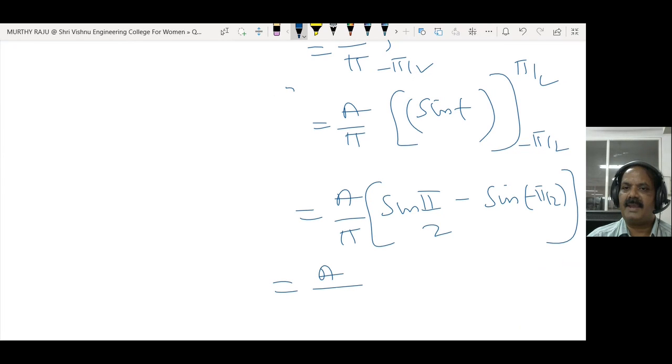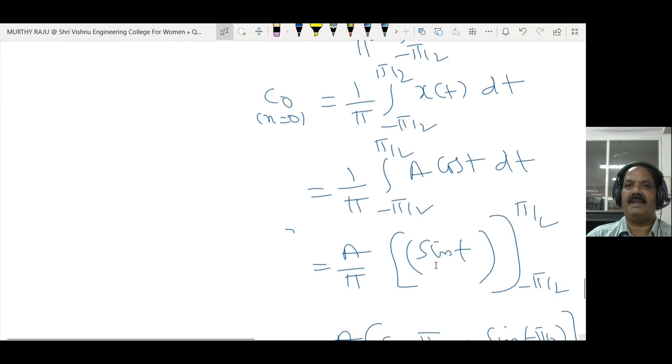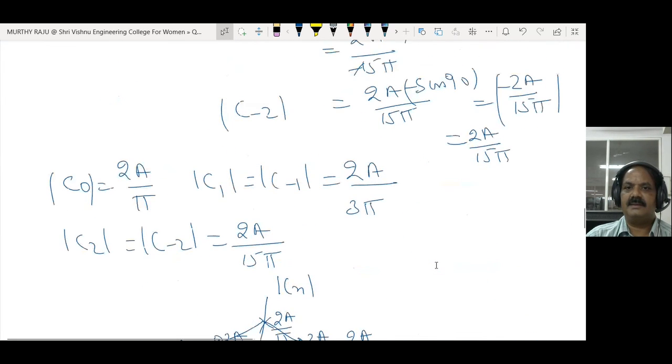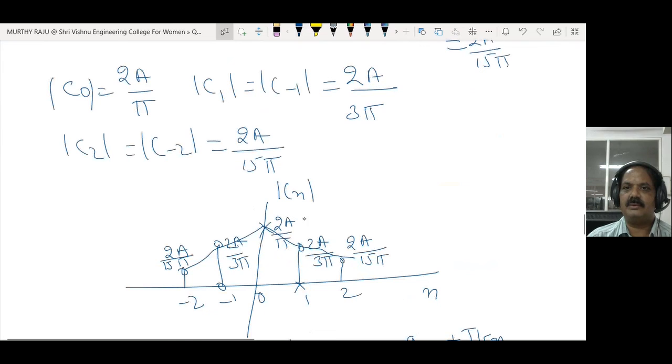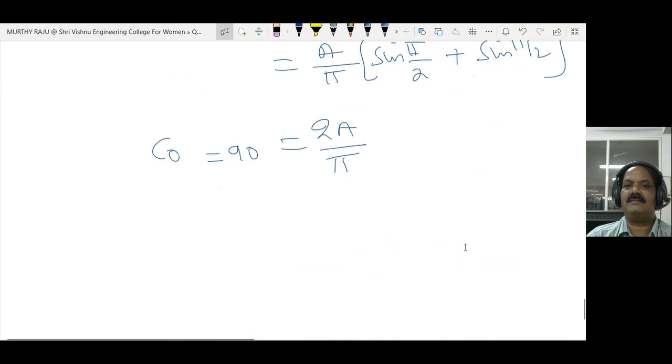That is a by pi, sin pi by 2, and sin of minus theta is minus sin theta, so minus into minus gives plus sin pi by 2. Sin pi by 2 is 1, 1 plus 1 is 2, that is equal to 2a by pi. C0 or A0 is equal to 2a by pi. Here also the C0 value is 2a by pi. With this the analysis is complete.